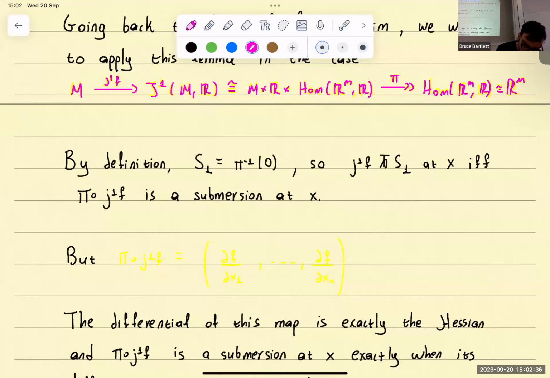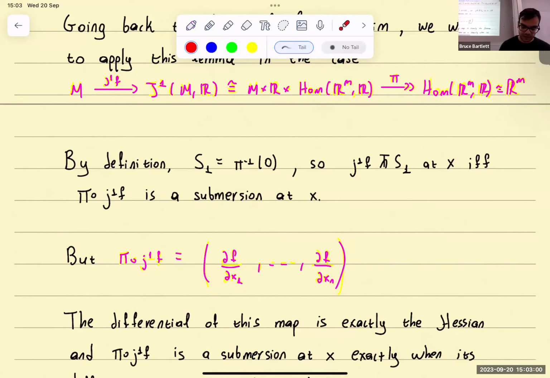Okay, now what is pi composed with J1F? That's just the differential, right? So that's partial f with respect to x1 and all the way to partial f with respect to xn.